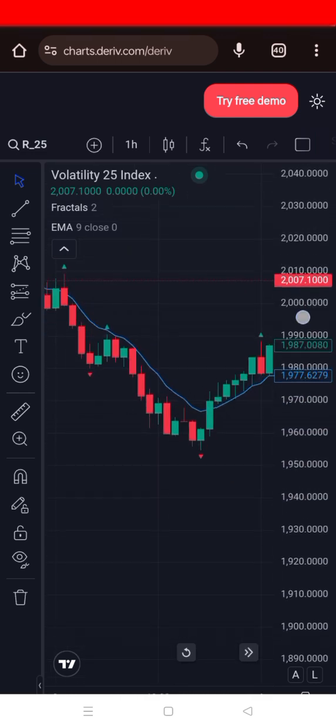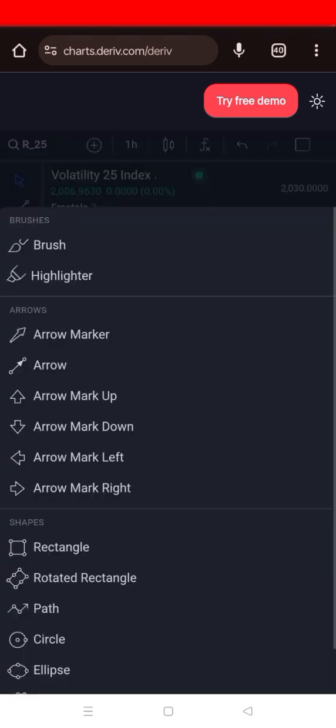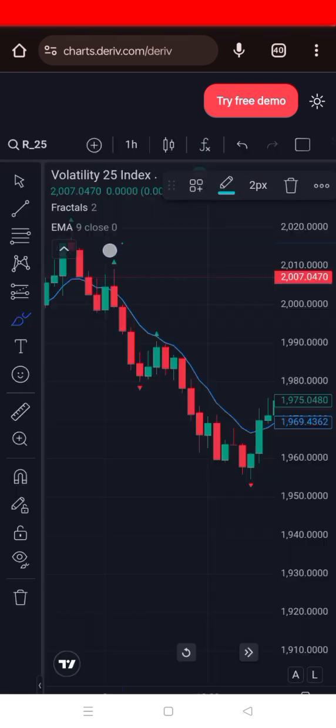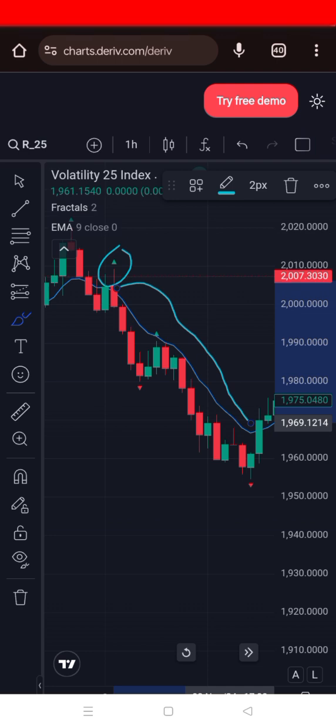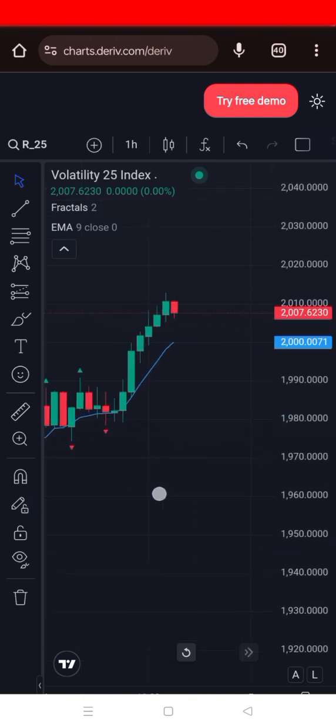Let's move to the 1 hour, which gives a bit more clarity. This is for swing traders, guys. If you are a swing trader, you can use this to trade entries, and you can see when it prints an up fractal and the EMA is below the candlesticks, the movement of the candlesticks proceeds in a very systematic way.